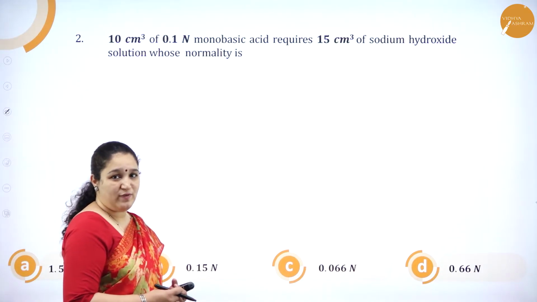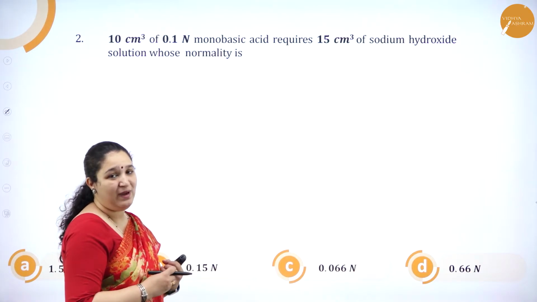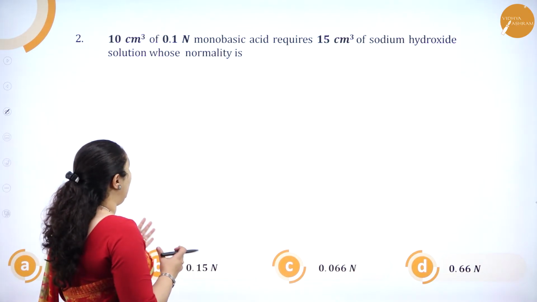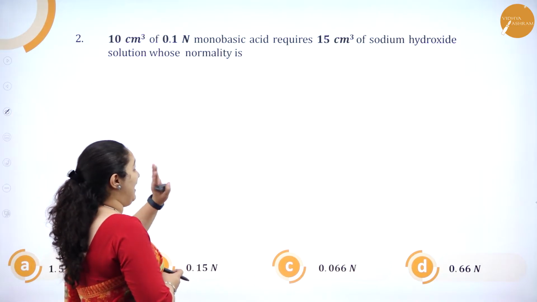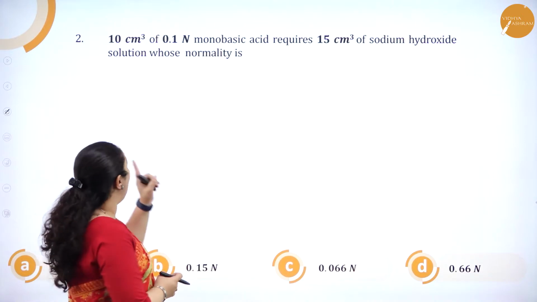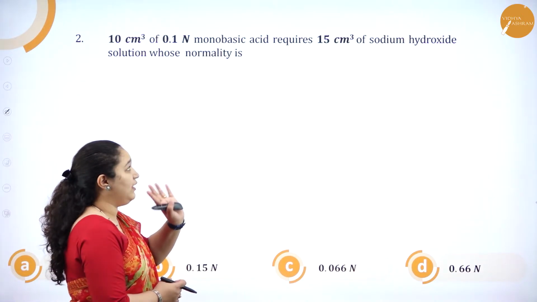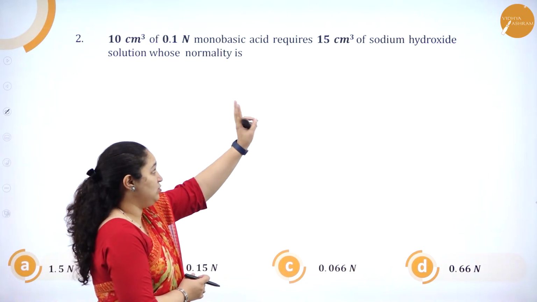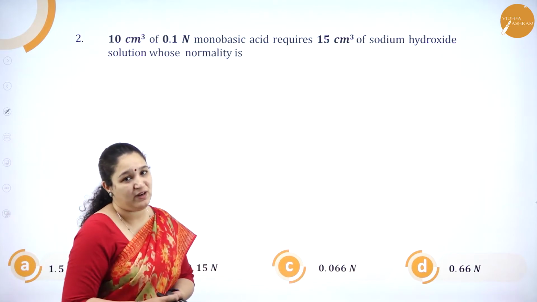So we are supposed to find the normality of sodium hydroxide. This question, it's a monobasic acid. The volume and normality of the acid are given, and for the base the volume is given, and we need to find the normality.